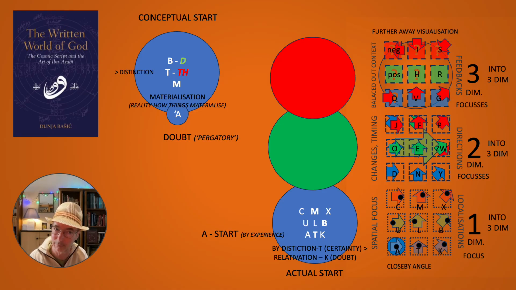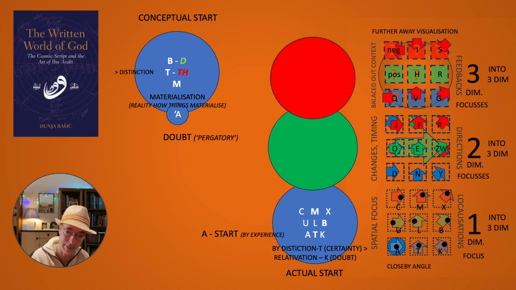So you have to focus very much onto the materialization process and to the reality, how the things are really materializing. Hence the first letter M, which is about the full materialization of everything, which is followed by T, the distinction.